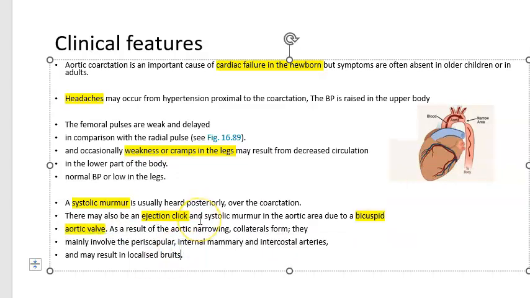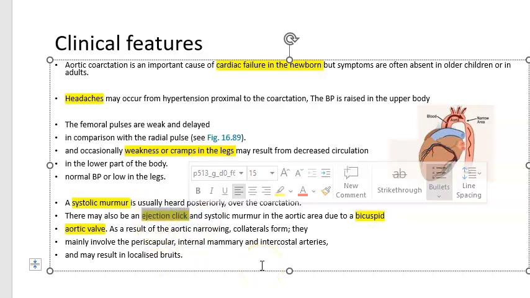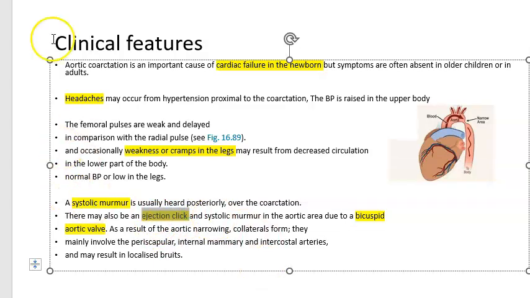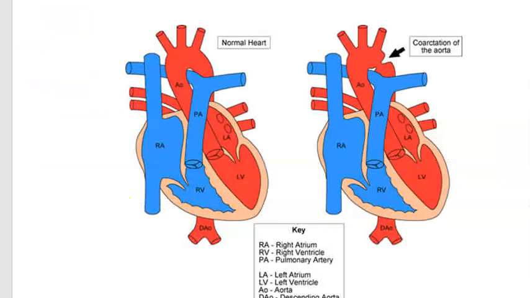See, heart sounds are usually because of valves closing, right? So this is an ejection click. The ejection click is when the valves open. Which valve? The aortic valve. Where is your aortic valve now? Normally it is tricuspid, correct? So here you can see this valve is supposed to be tricuspid. This is the aortic valve, but it could be bicuspid.